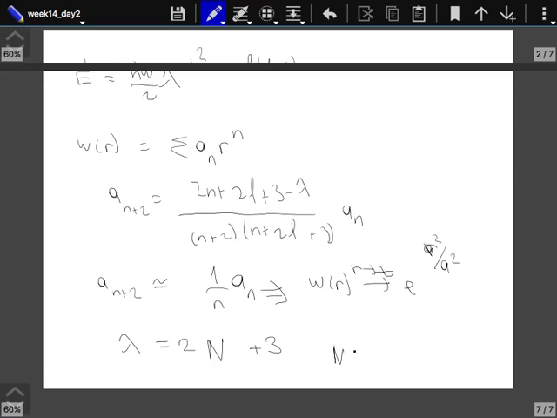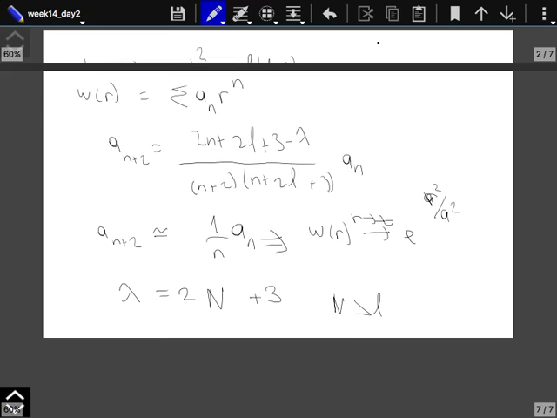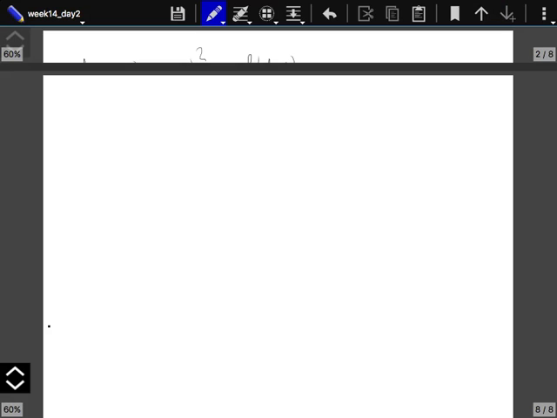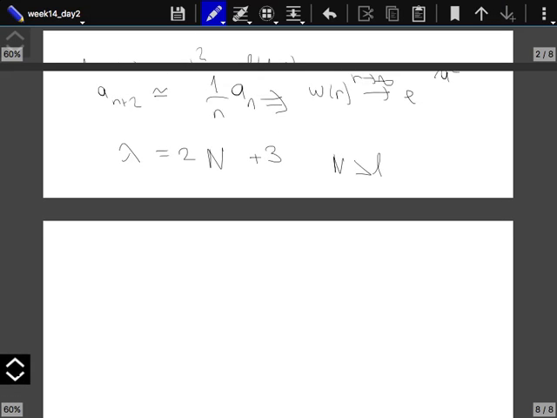And this integer n should of course be larger than l. And hence we have the energy condition. Energy was equal to one half h bar omega lambda, which is one half h bar omega times 2n plus 3, so h bar omega times n plus 3 over 2.